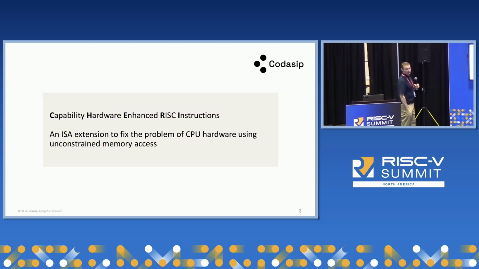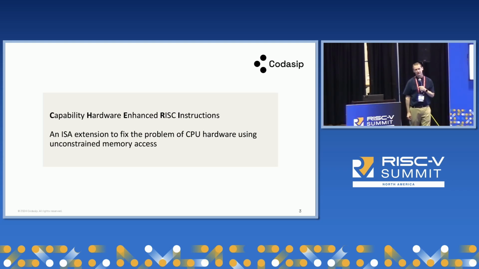So to address these types of problems, there's a security technology called CHERI, which is Capability Hardware Enhanced RISC Instructions. And CHERI is a memory access protection technology. At the basic level, what it does is replace the integer pointer use within the CPU with effectively a new hardware type, which is a constrained pointer or a capability.